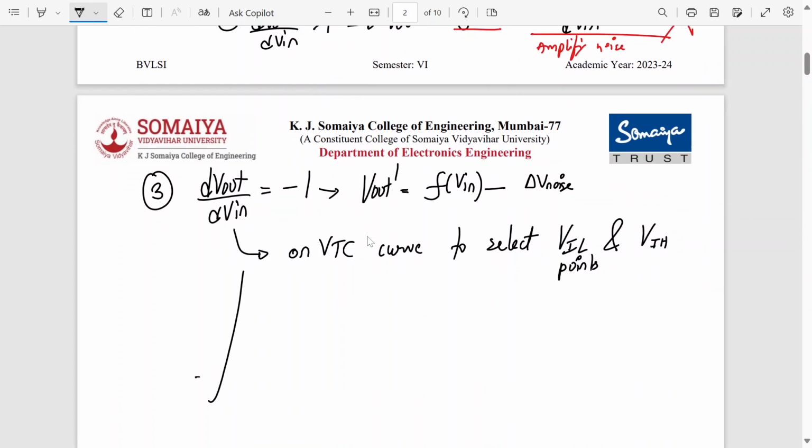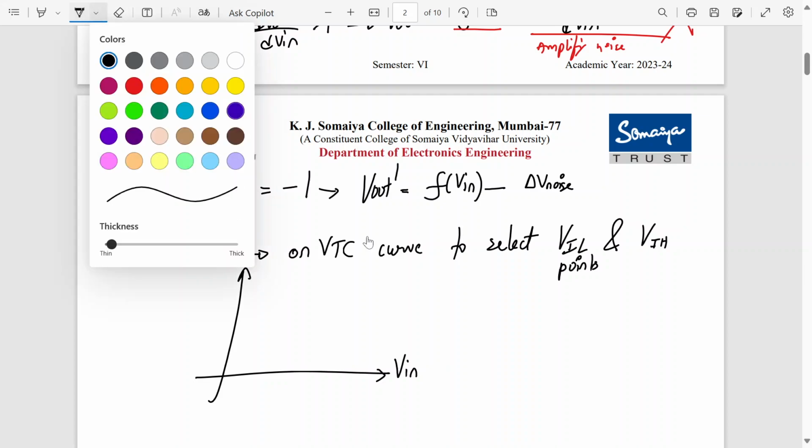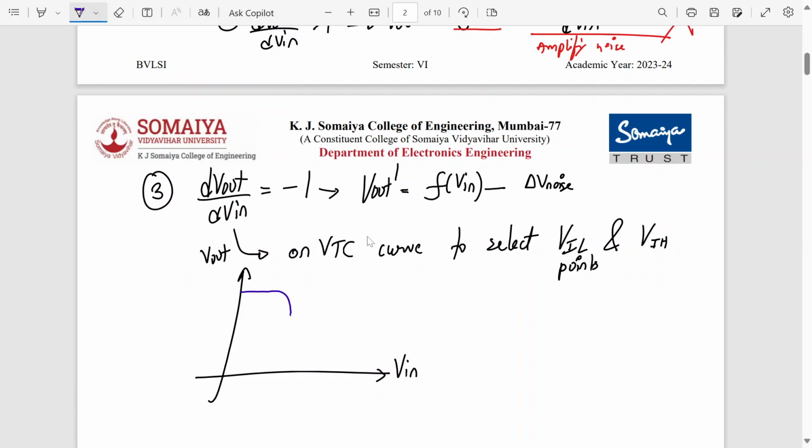That is why we select these points on the VTC curve, right? This is VIL, VIH, where the slope is -1. So dV out by dV in is also called the slope, also called the gain.